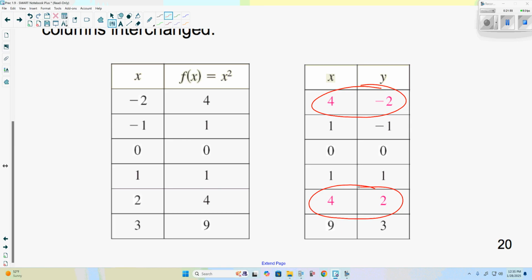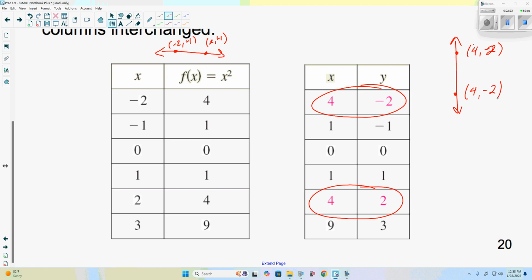So if the original function does not pass the horizontal line test, we can draw a line horizontally and cross it in more than one point. (-2, 4), (2, 4). Its inverse is not a function because its inverse will not pass the vertical line test: (4, -2), (4, 2).